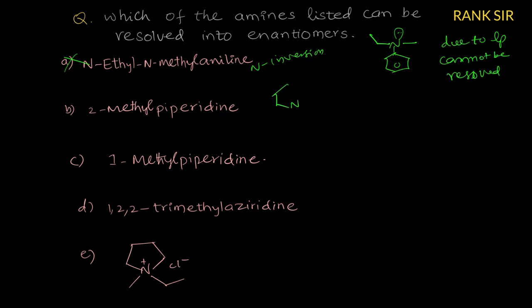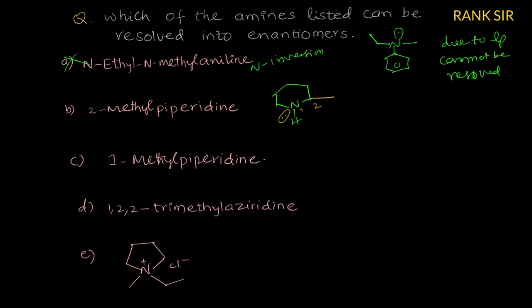Pyridine structure, in that, pi bonds are not present. So the nitrogen atom will get the first number and this will be the second number. At this one, methyl will be there. Then a lone pair is also present. Due to the lone pair, you may think we cannot resolve.